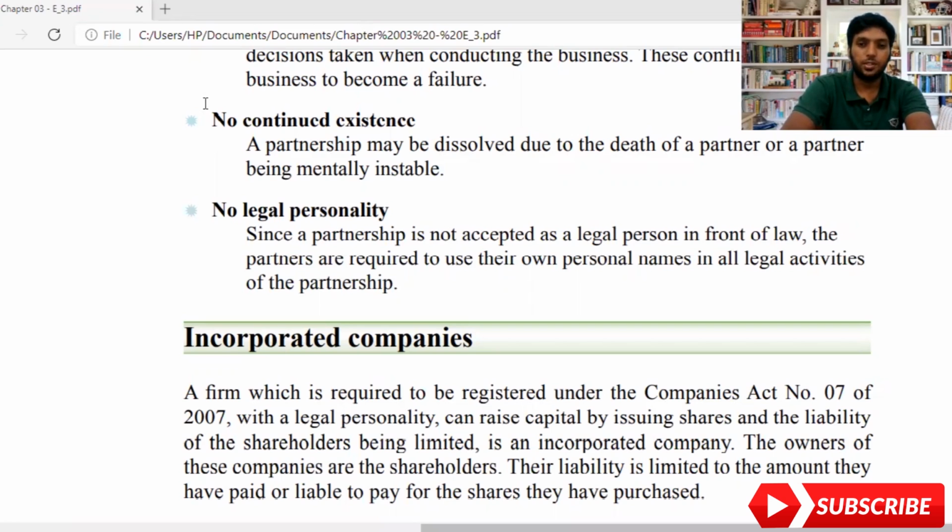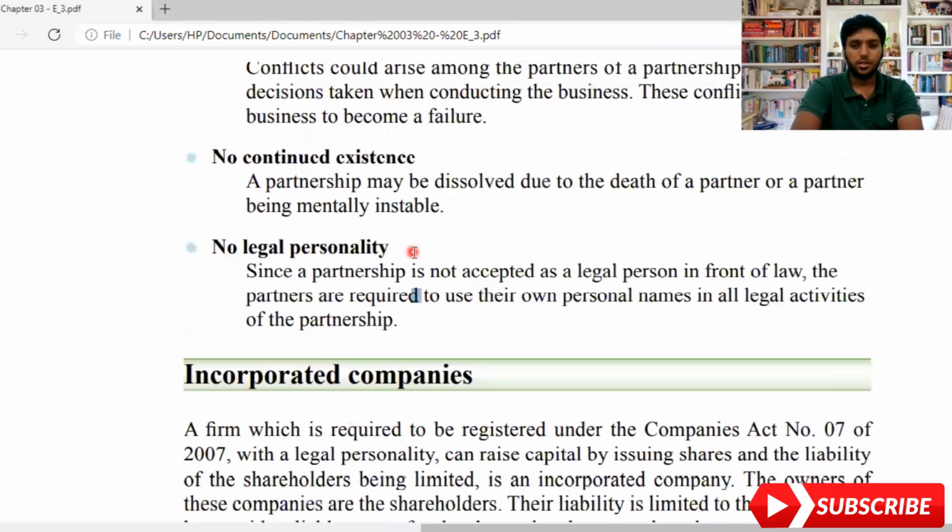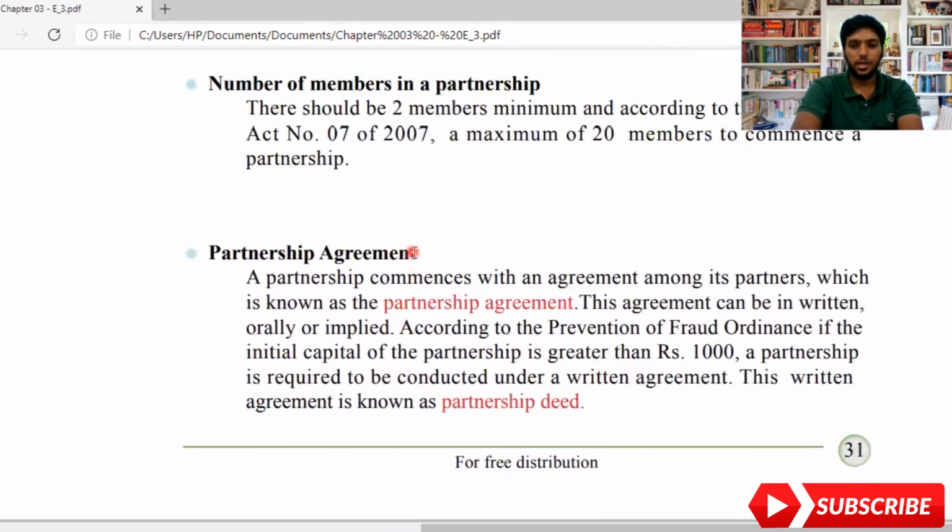So incorporated companies can be either a company selling shares or not selling shares, but it's a company registered under Act number 7 of 2007. Now you should not think that there was something different in partnership we learned, right? When it comes to a partnership, when they are registering, I discussed here under Act number 7 of 2007.